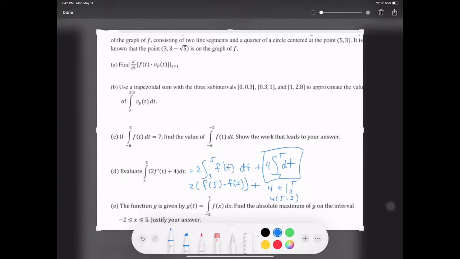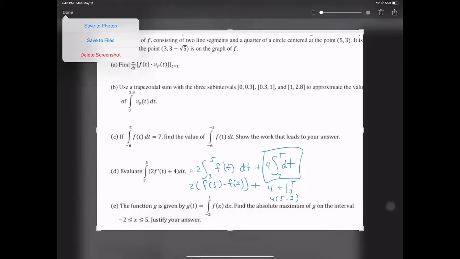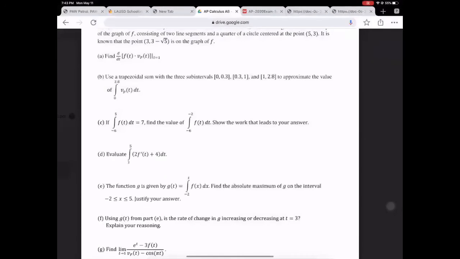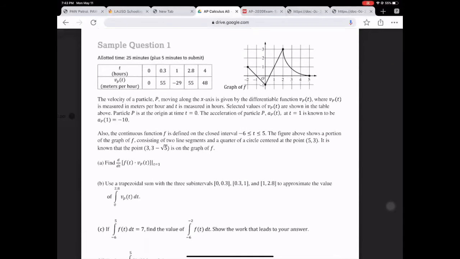Looking at the graph, we were asked to look up what 5 and 3 are. I need to look back at the graph, which I didn't save. Let's see if I can get there. F at 5 was 0. F at 3 was given to us. Remember, they told us that's going to be 3 minus square root of 5. So they gave us those values.